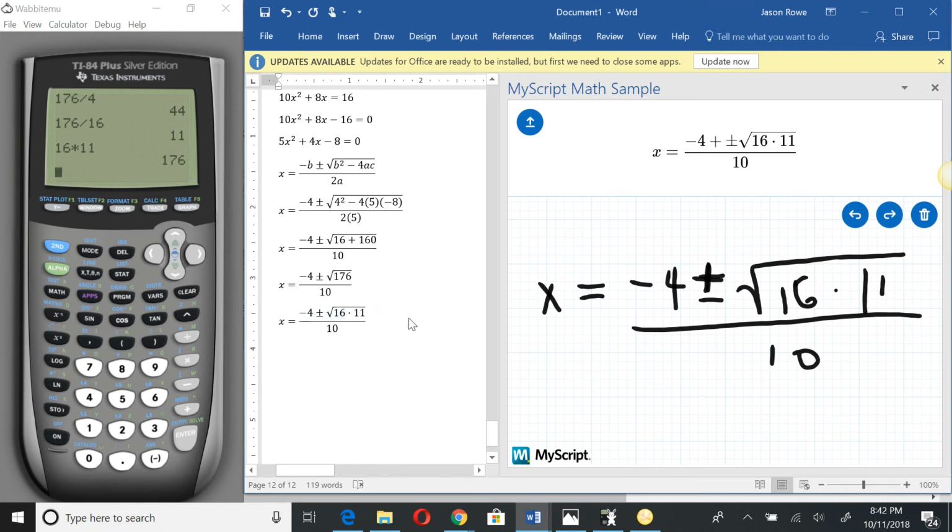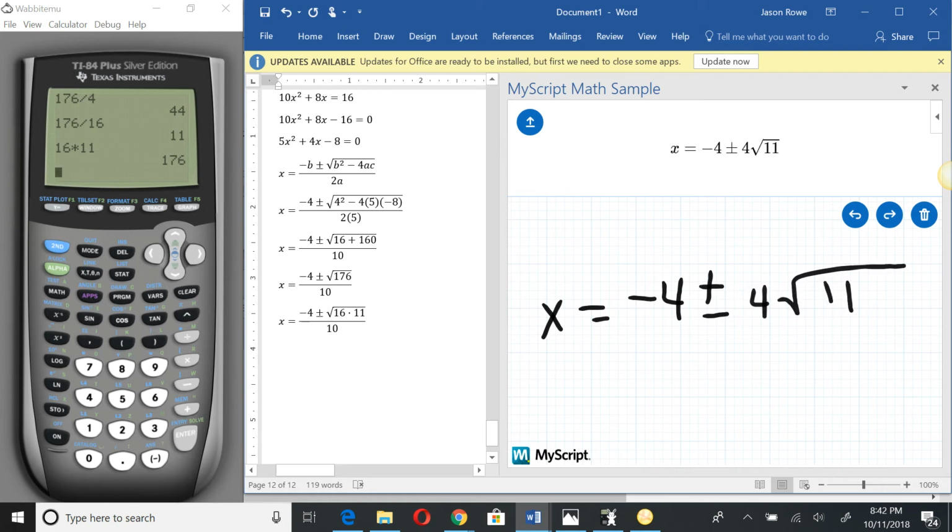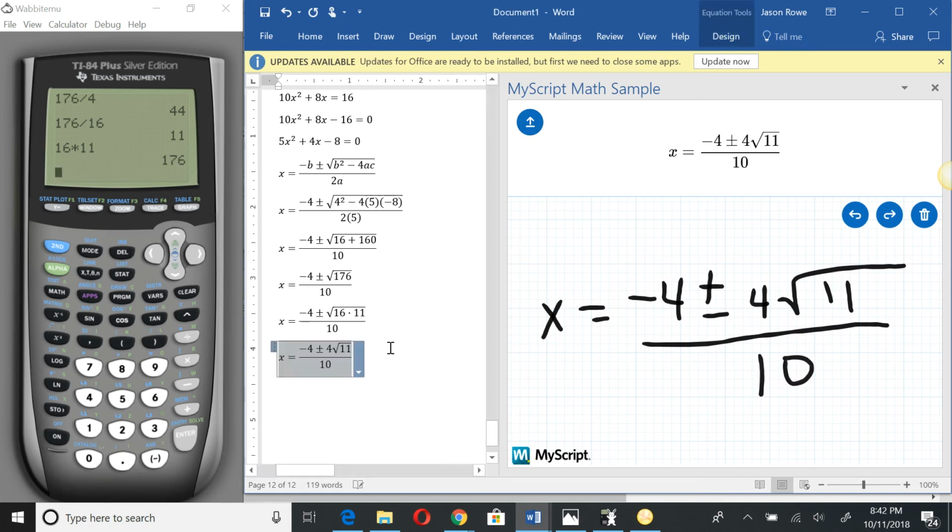All right, and what I do here is I take the square root of 16 out of the radical. Square root of 16 is 4. That comes out of the radical. The 11 stays in the radical. So now the radical is simplified. And now basically the only thing I got left to do here is to see if the coefficients, these three values right here, if they all reduce together.